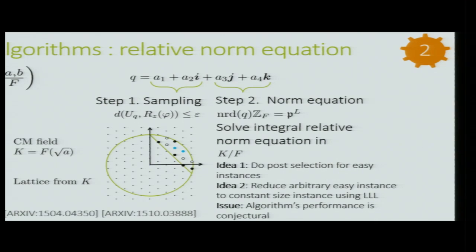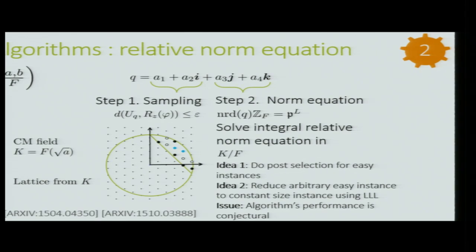Let me quickly mention the conjecture, which I didn't mention before. It's important. There are two questions here. First, once you want to solve this relative norm equation and you sample these points, there are some points for which the norm equation is not solvable at all.